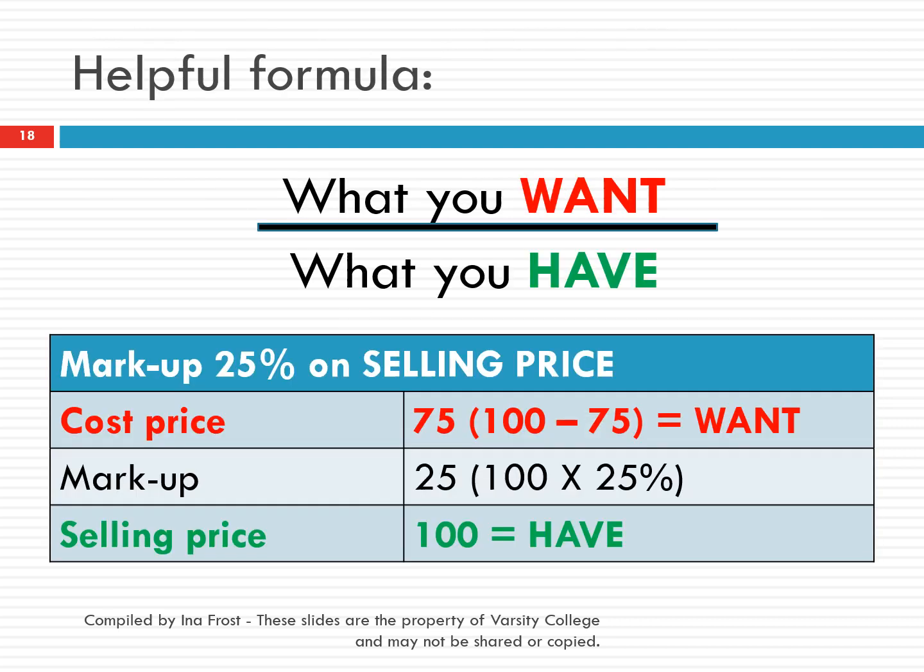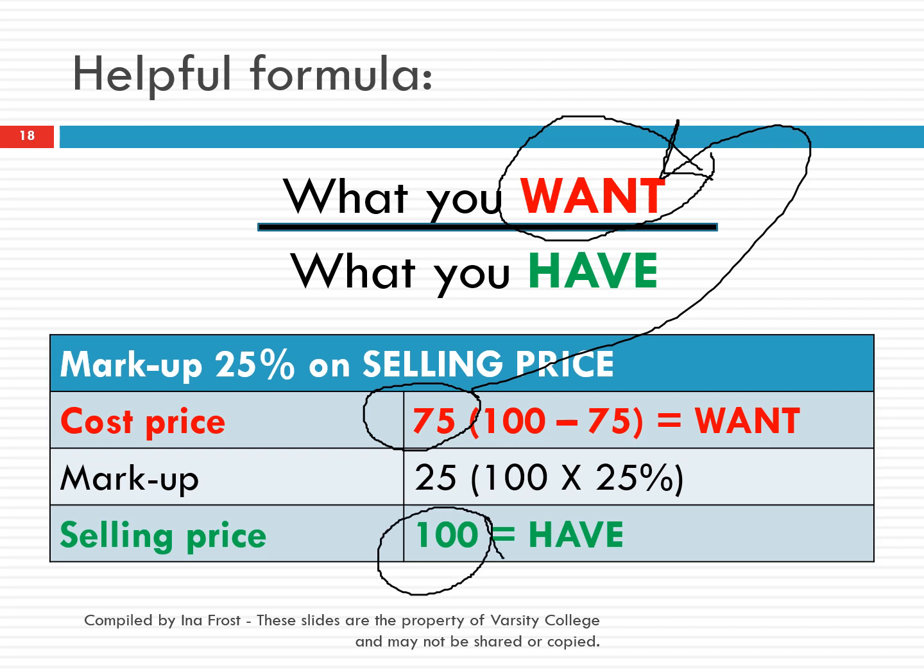If you prefer, you can once again use this formula. We can go to what we want. What did we want? We wanted the cost price. What was given to us in the question? The selling price was given to us. So that's what we have. This formula again works just as well for these kinds of calculations.